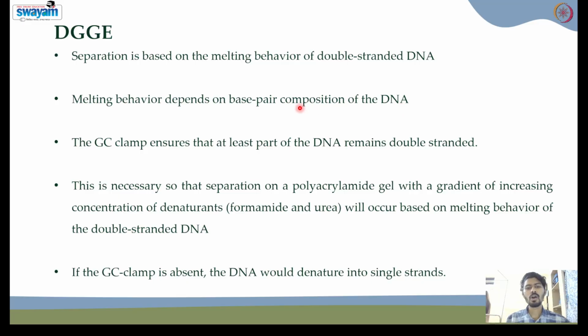So this is all about the base pairing composition, and this is one of the main important factors when we are dealing with the melting behavior of the DNA. So the GC clamp ensures that at least a part of the DNA remains double stranded.